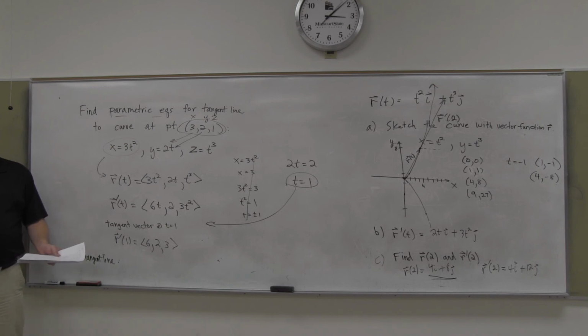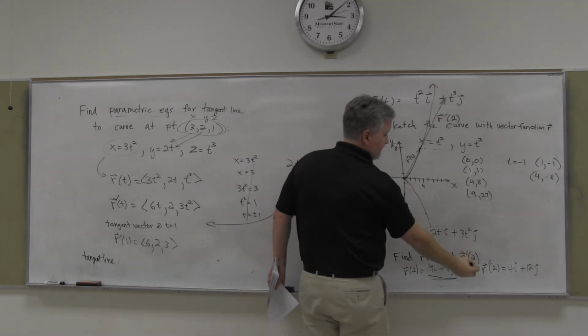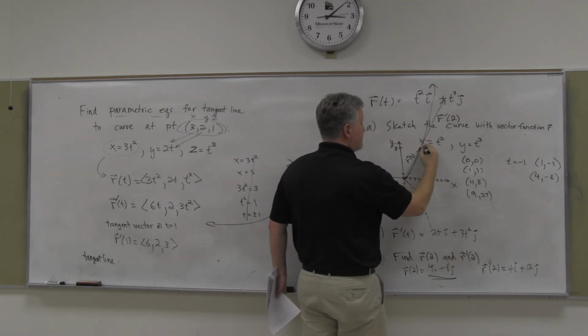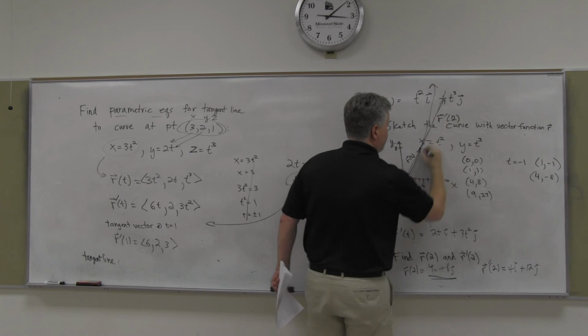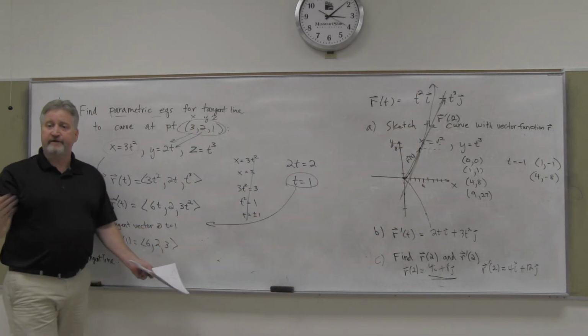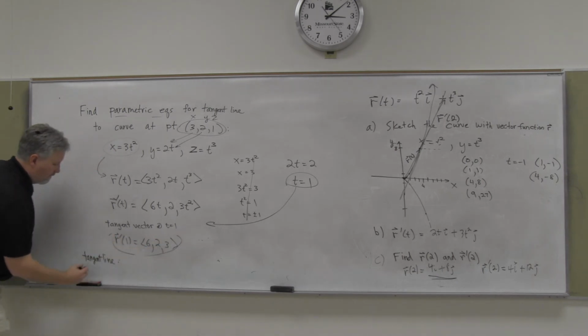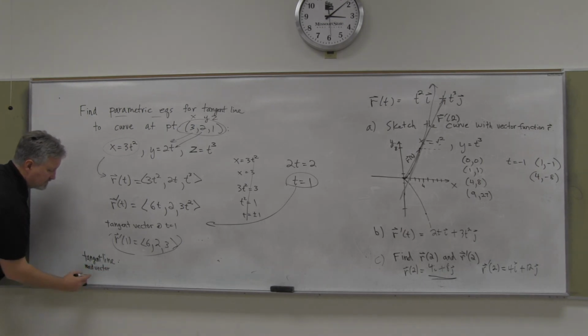I've got this vector, so that gives me the direction. I still need a point along with that vector.